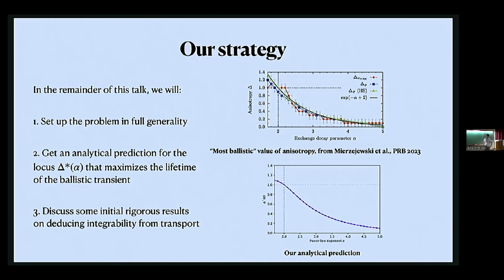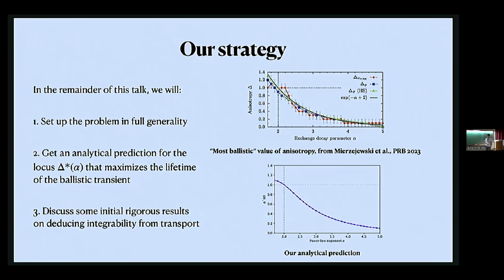So in the remainder of this talk, I'll set up the problem in full generality. For the set of models I'm interested in, I'll get an analytical prediction for this locus, and you can see that, at least qualitatively, it answers my curiosity about why they were seeing this result. You can really recover it from this very simple-minded reasoning.